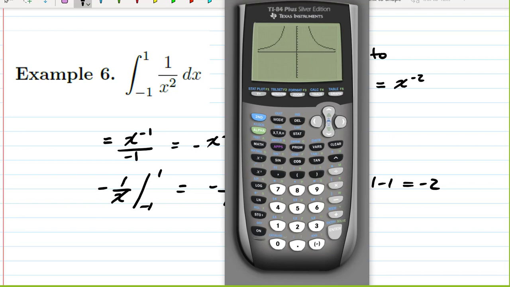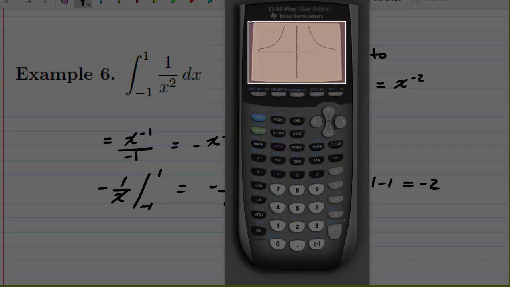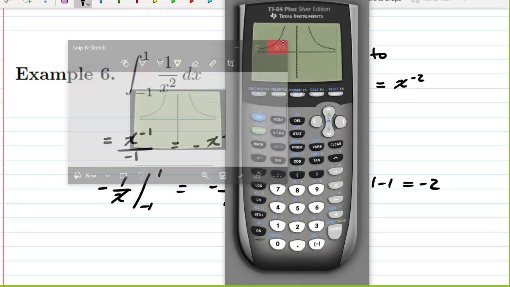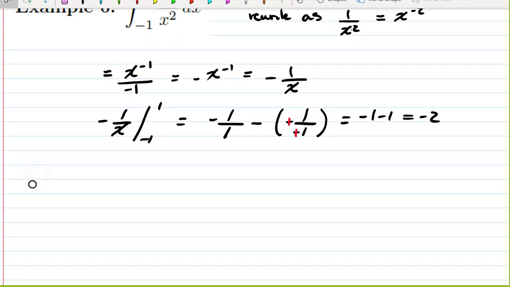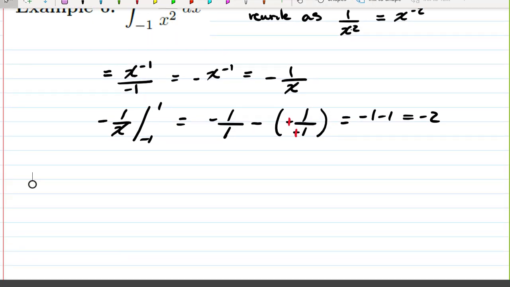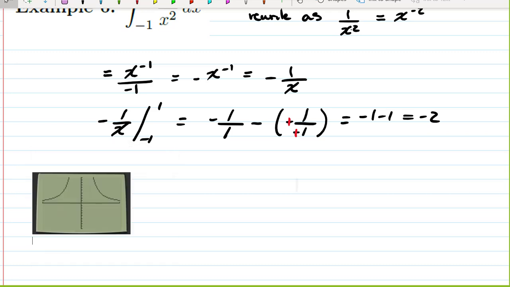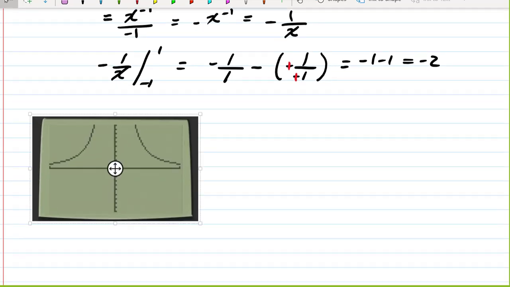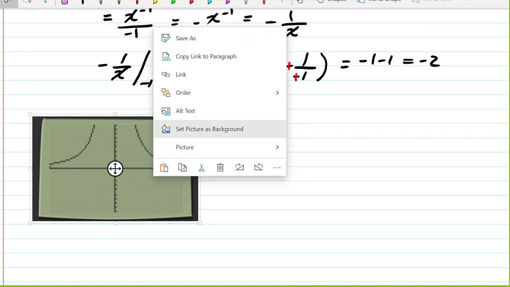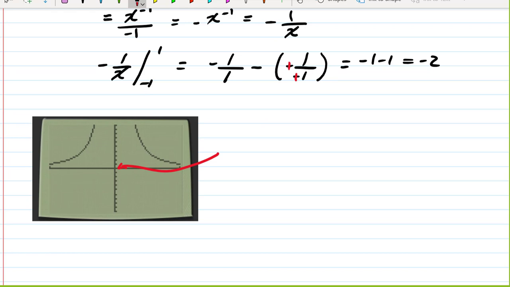But our graph also tells us something a little bit interesting. So we know right here at x equals 0, we actually have a vertical asymptote. So we want to note the function is not continuous at x equals 0.